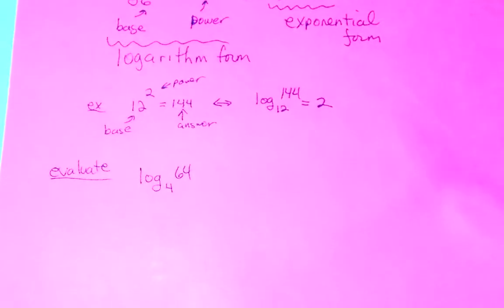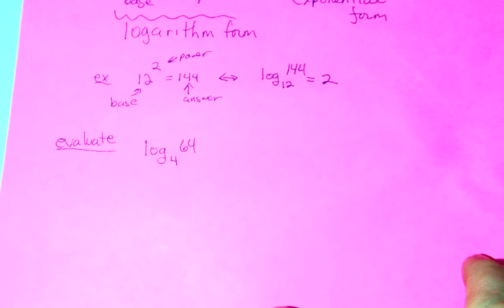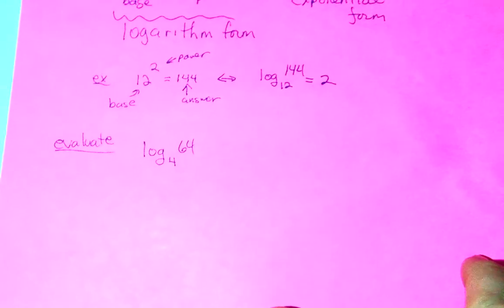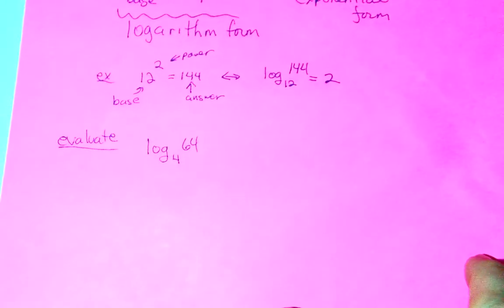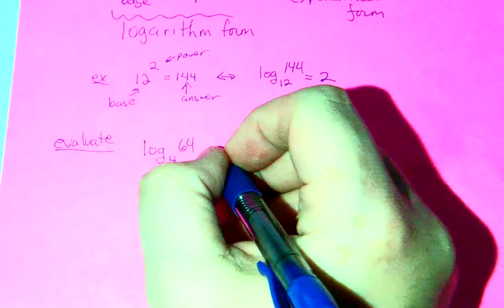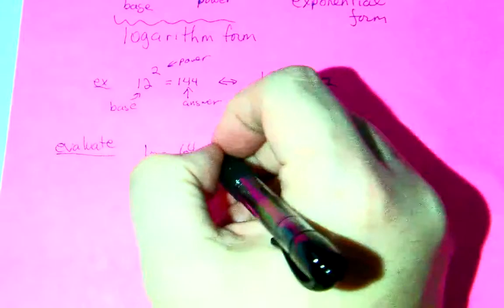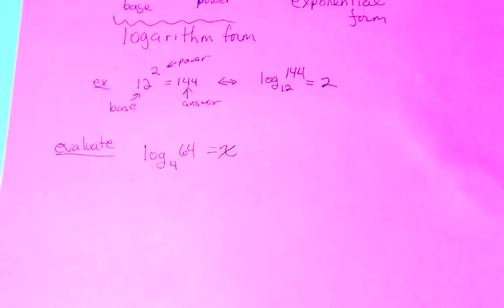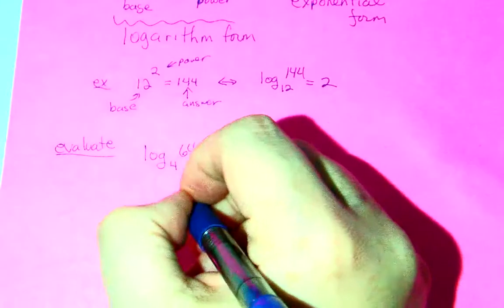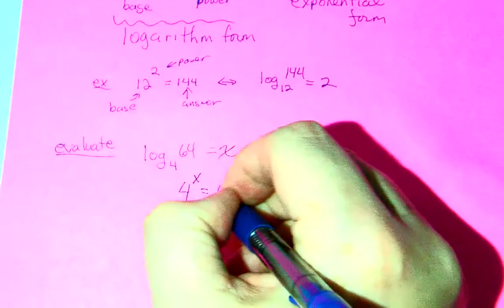I need to know what the answer to this is. Well, I would say this is equal to an x, and I can say 4 to the x is 64.